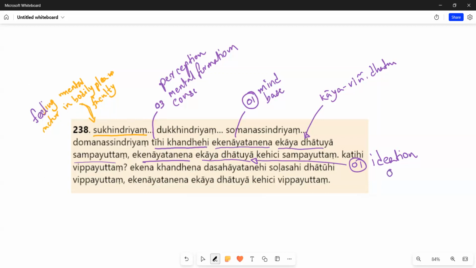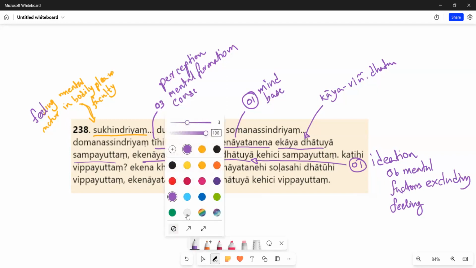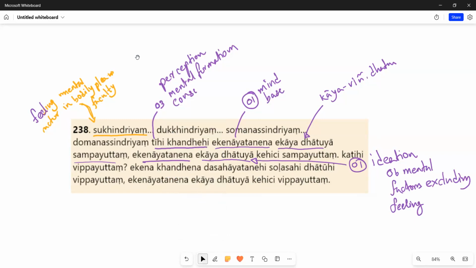So it is associated with the other six mental factors, excluding the feeling, right? So that's how we get the answer for the association side, right? Okay, sampayutta side. Okay.